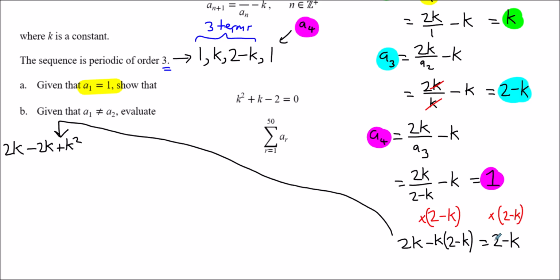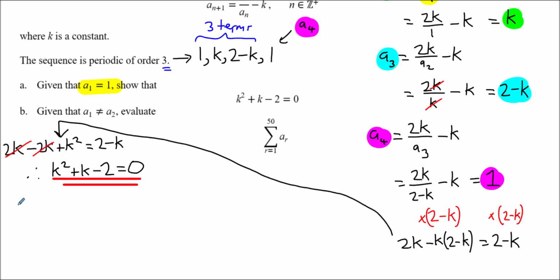That gives me 2 minus k. 2k minus 2k, that'll cancel. Get all this to the other side, so minus 2 and add k. I can therefore see that k squared plus k minus 2 equals 0, which we wanted to prove in the first place. So that's proven the result we needed.